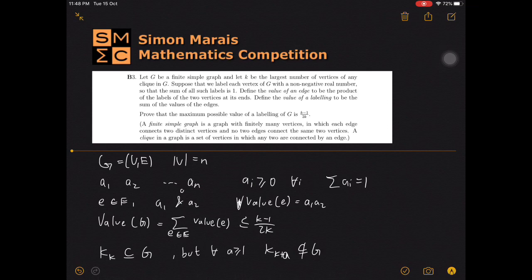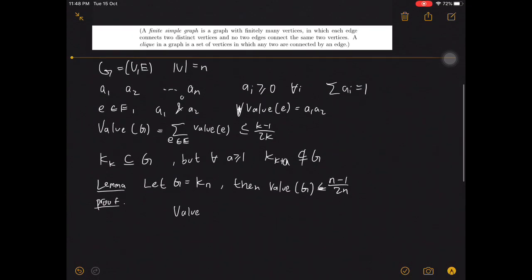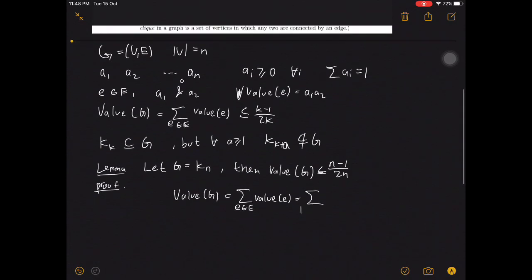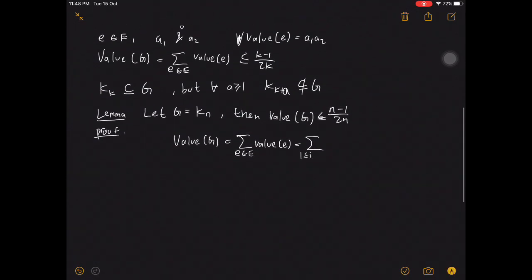Now we want to see what the value of G is. We write it as above first. Since every possible edge in a graph G with n vertices is inside the complete graph with n vertices, we might write this summation over i<j from 1 to n of ai times aj.